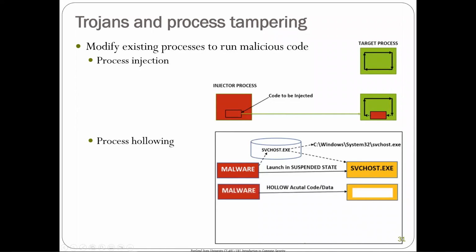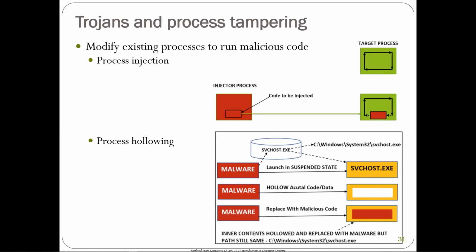Then the adversary connects again as a debugger to this process, deallocates all of the code and the data of the legitimate process, and writes the malicious code into it instead. So you're hollowing out the legitimate process and completely replacing it with malicious code. It looks like a legitimate process, but all the insides are replaced with your code. Okay, are there questions about this?